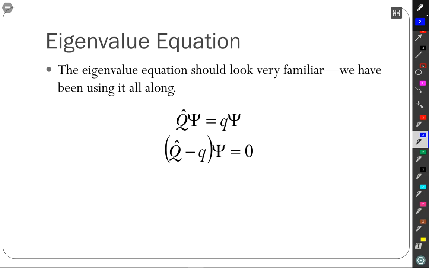You can find it for any operator. And in this statement here, if you look at them, you see that yes, those are the same equation. It's just subtracting q psi across and then factoring out the psi. This is going to be important when we look at these as matrices, because we're going to look at the operator as a matrix, and then that q is the eigenvalue.